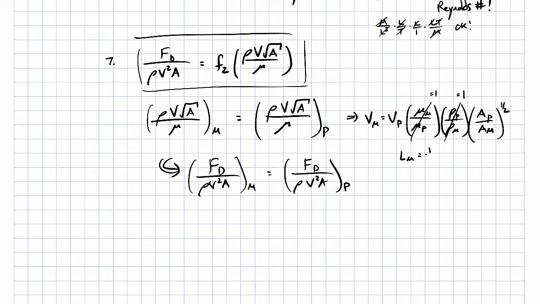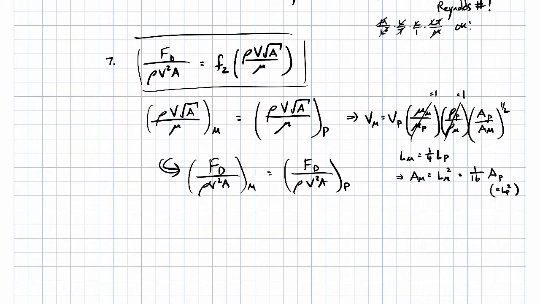So any length in the model is 1/4 the length in the prototype, which means that the area of the model, which will be like a length squared, will be 1/16 the area in the prototype. Right, because area of the prototype is like the length of the prototype. So this would be like the length of the prototype squared.